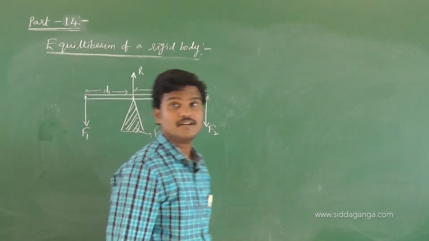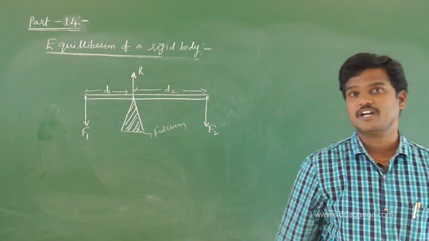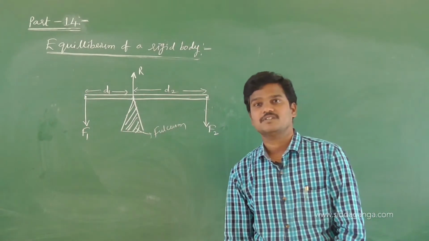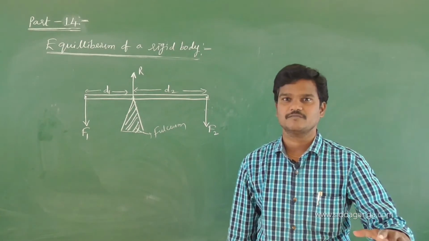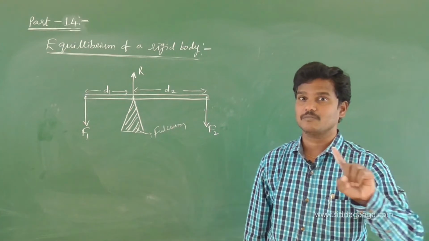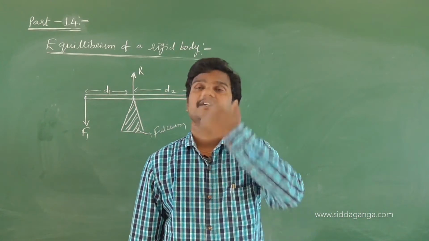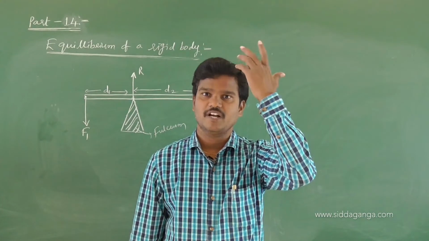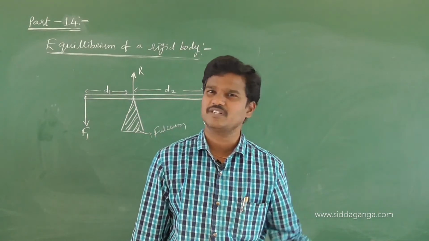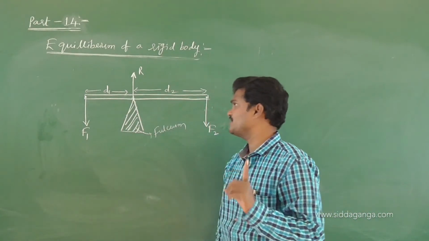I think you know the normal reaction force. What is the normal reaction force? It is the force which always acts from the contact surface, normal to the contact surface. If I am standing, some force is acting upwards, that is nothing but the normal reaction force. I am exerting a force on the floor, that is the action force, which you learned in previous classes.